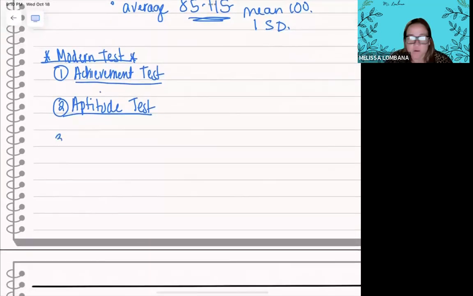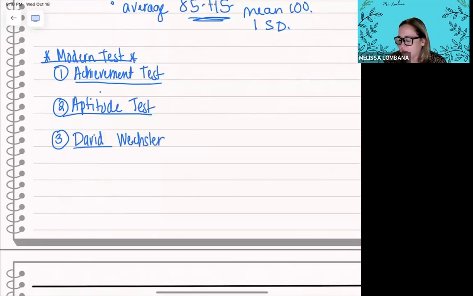The next one is a little bit longer. I'm just going to put the name of the actual guy who started these different tests, because he has two types of tests. This is David Wechsler, and he has what is called the Wechsler, which is probably one that some students have seen.